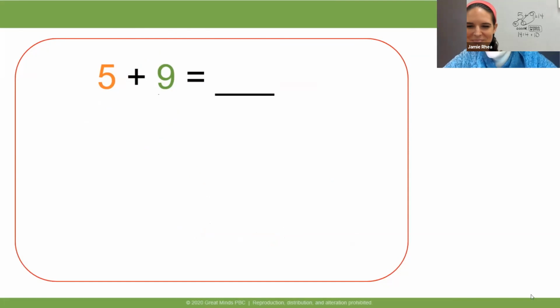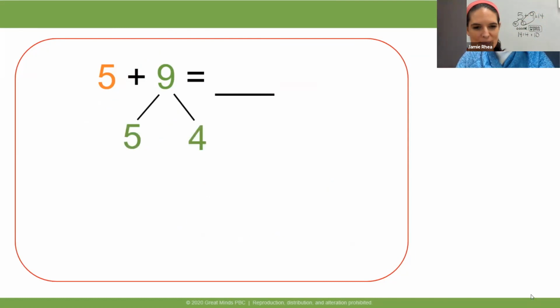Now let's take a look how I solved it. I used the 5 to make 10. So how much does 5 need to make 10? 5 more. Well, where will I get that 5 from? I bet she gets it from the 9. So I broke apart 9 into 5 and 4.